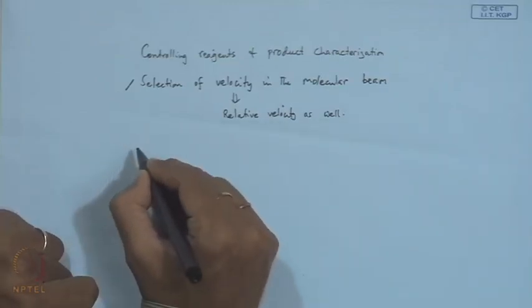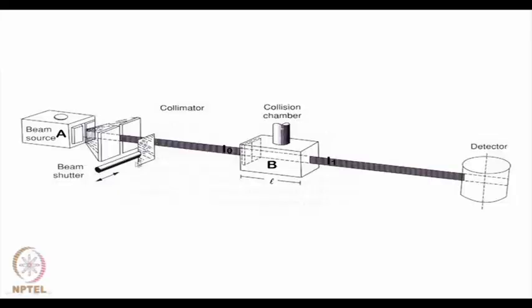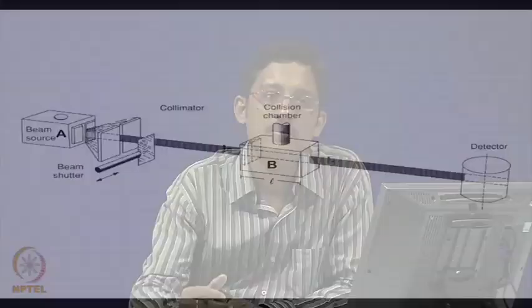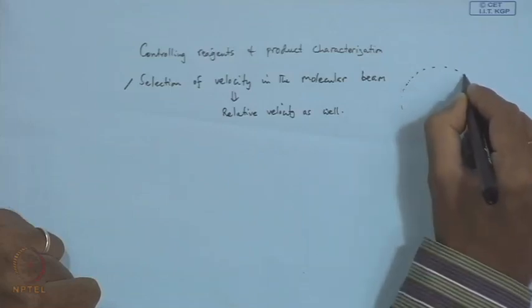This can be achieved by a chopper, like the beam shutter, you can have a chopper blade, like a fan blade. So, you can chop certain speeds by that. It is moving this way, so it selects specific velocities depending on speed. The chopper can be like this. I am showing just a part of that.